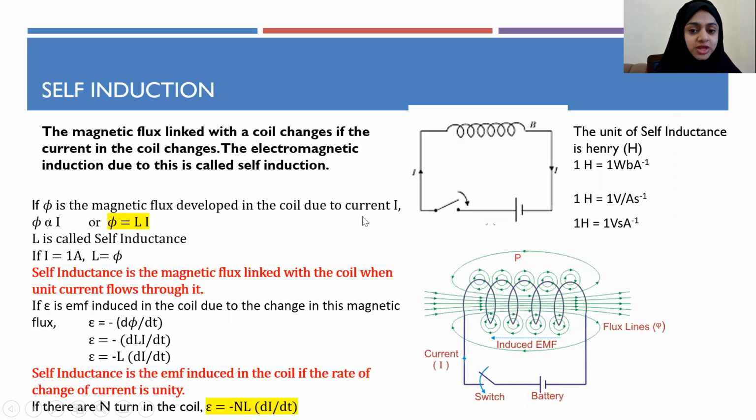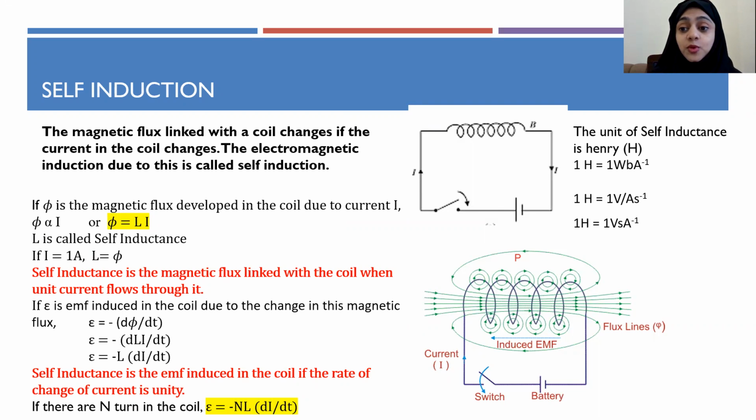So you know that when current is flowing through a coil of wire, a magnetic field is developed. So here you can see a simple circuit consisting of a cell, a switch, and a coil of wire wound in the form of a helix. Now, when we switch on, what will happen?